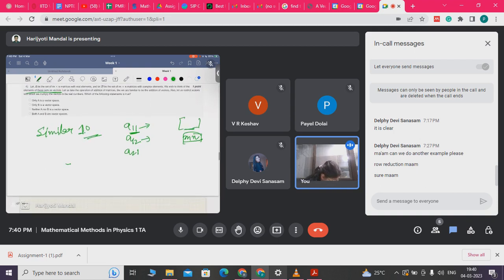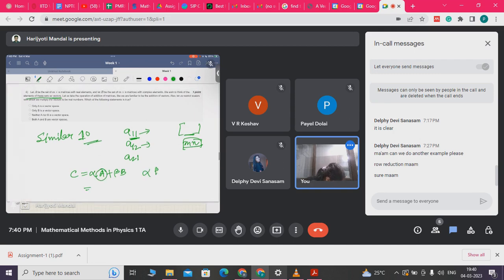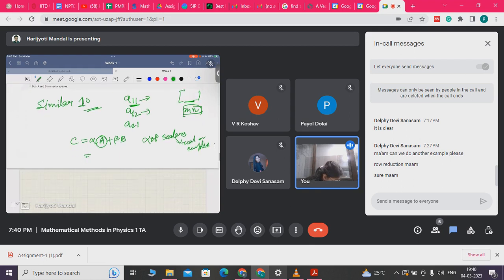In a similar process, everything will be similar. When A11 and B11 are both vectors and they are multiplied by scalars, C is equal to alpha A plus beta B. Alpha and beta are scalars that can be real or complex.